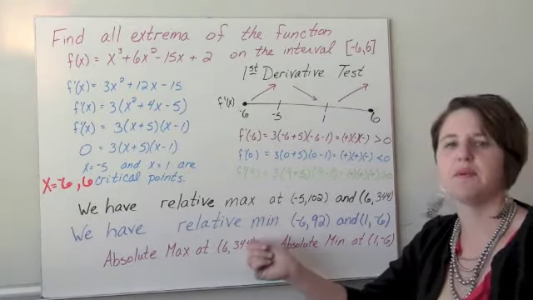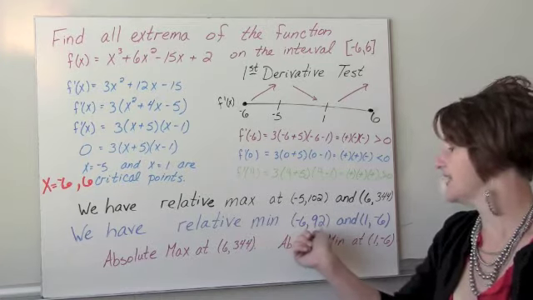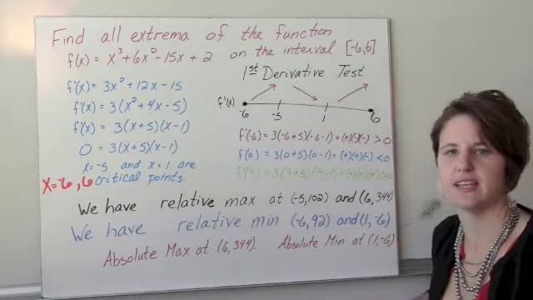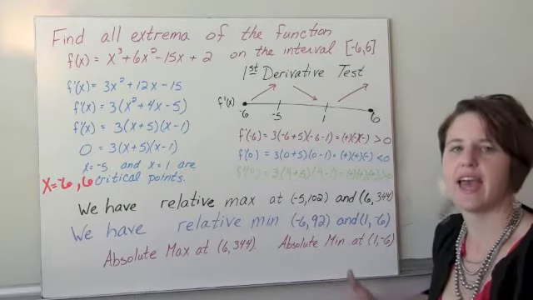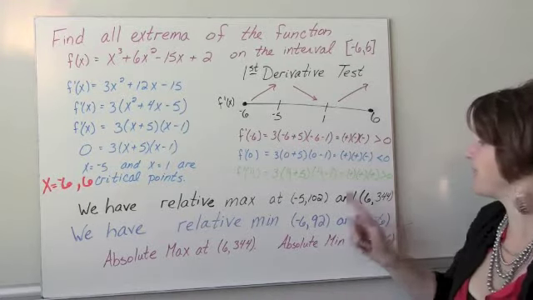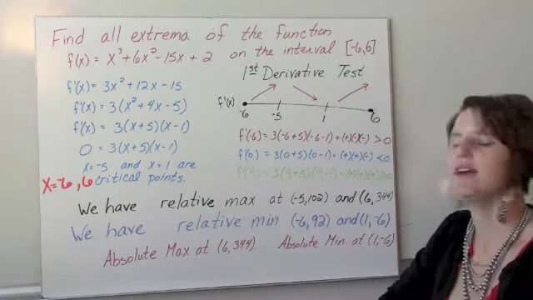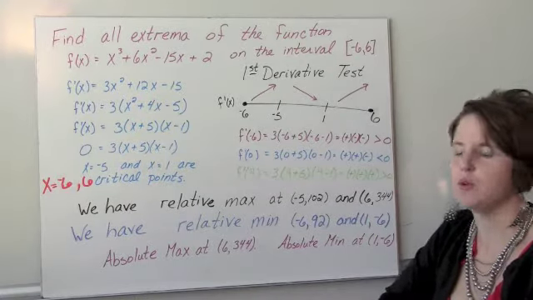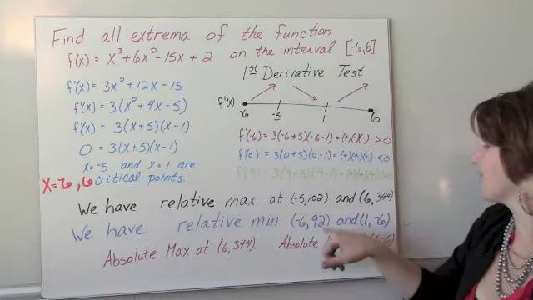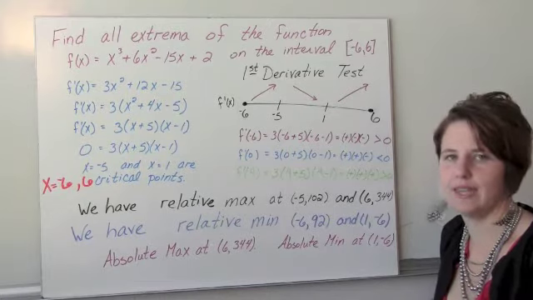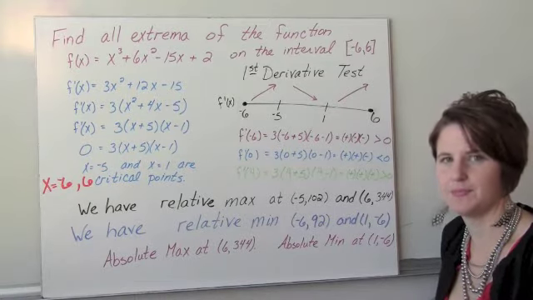Our relative minimum occur at negative 6, 92, and 1, negative 6 as points. And so for the absolute maximum, we'd look for the biggest y value, and that happens at 6, 34. And for the absolute minimum, we'd look for the smallest y value, and that happens at 1, negative 6. So our absolute min is 1, negative 6.